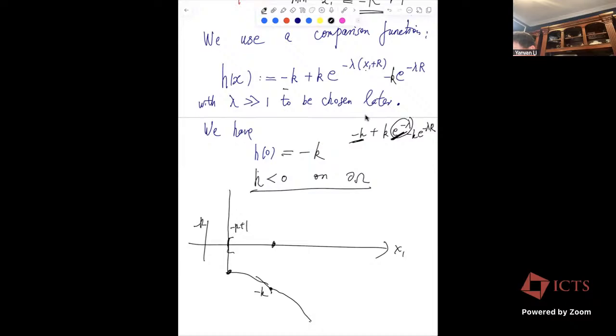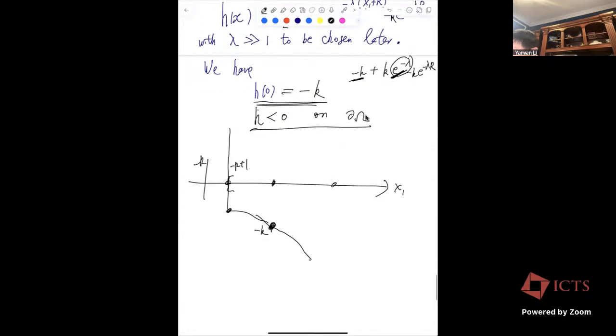So u is greater than 0, and here h and u touch. h of 0 touches. The picture of u will be like this, and your h is like this. If this is the boundary, h is negative, but u is positive on the boundary, not negative.